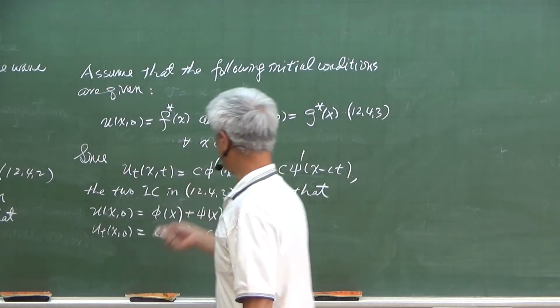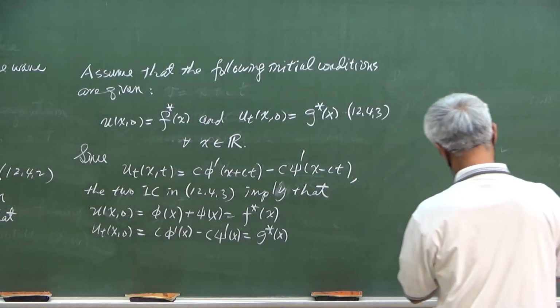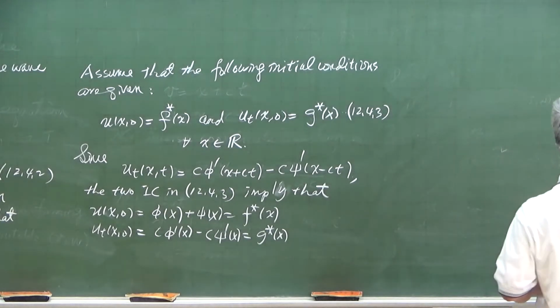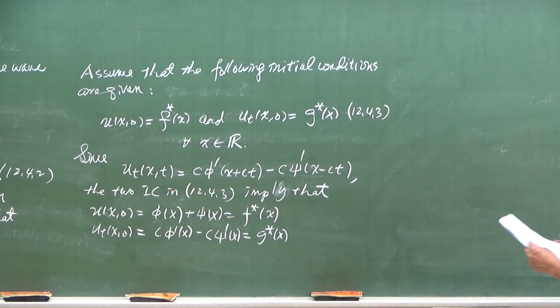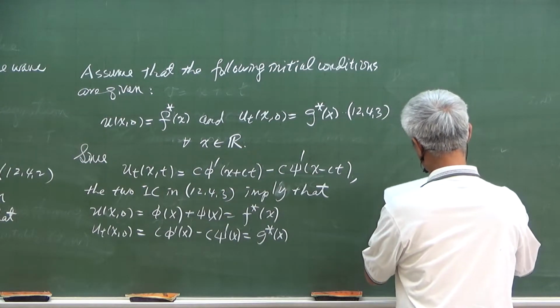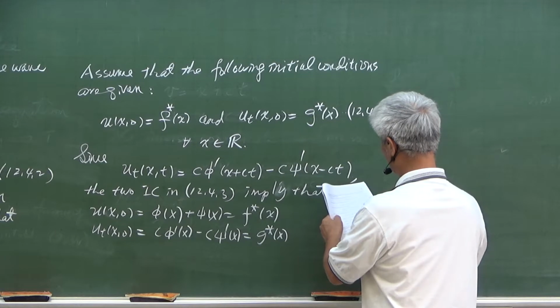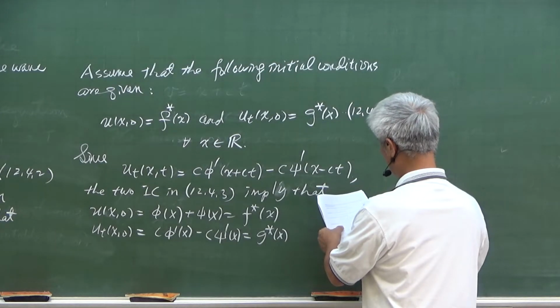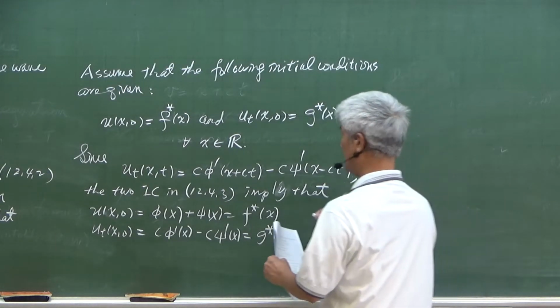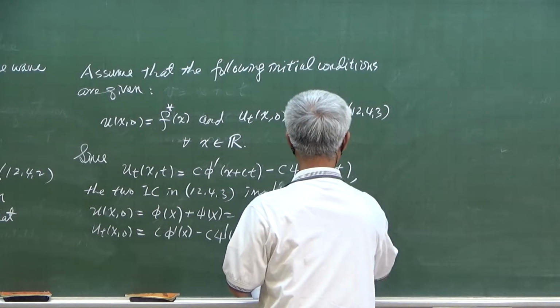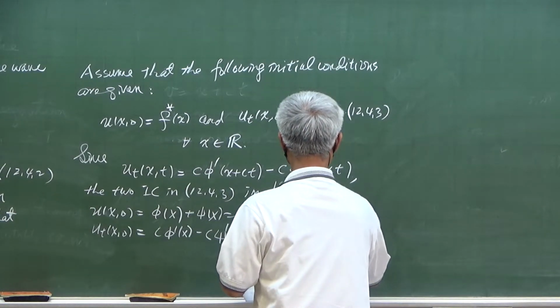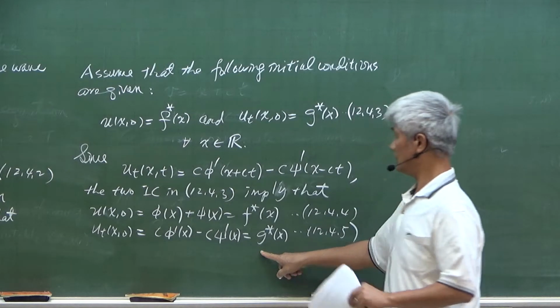That's why we can do that, because we have two unknown arbitrary functions to determine. This is 12.4.4. This is 12.4.5.